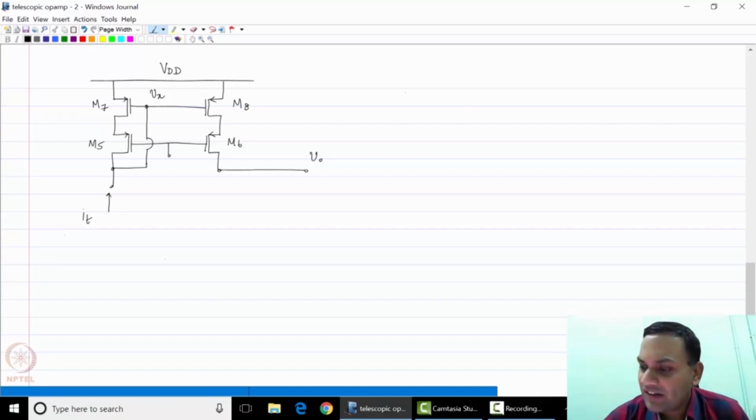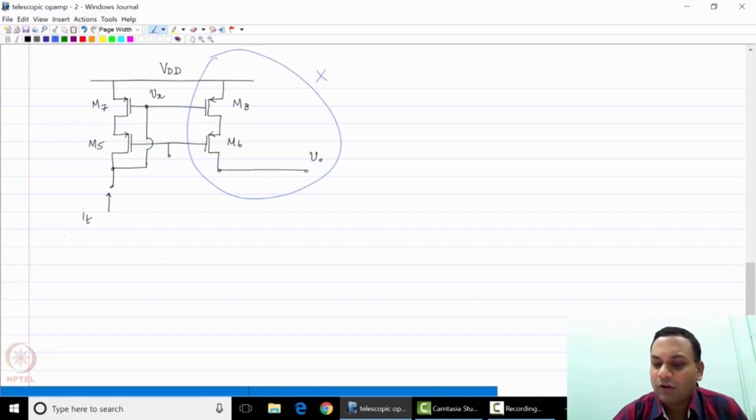So let us draw the small signal equivalent circuit of the left hand side portion alone. As you can see, the right hand side portion will not come into the picture for small signal analysis for finding out the input resistance. So let us draw the small signal picture of the left hand side alone.